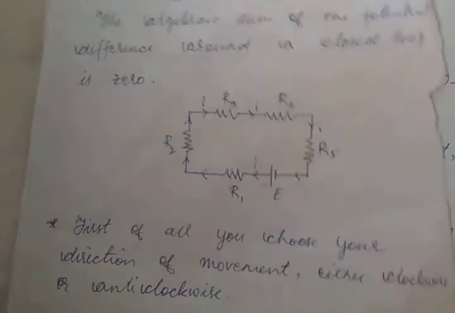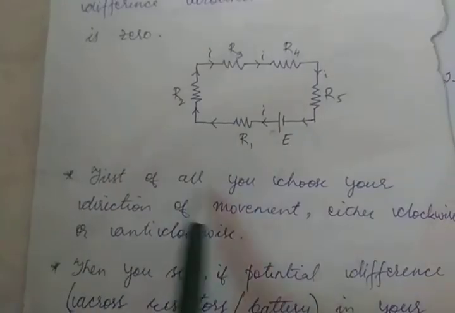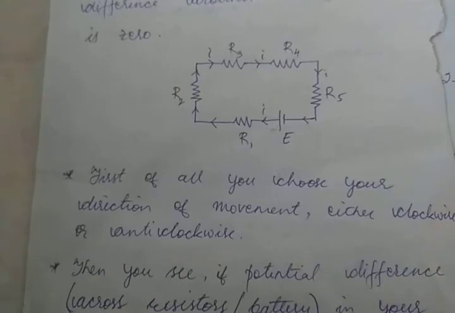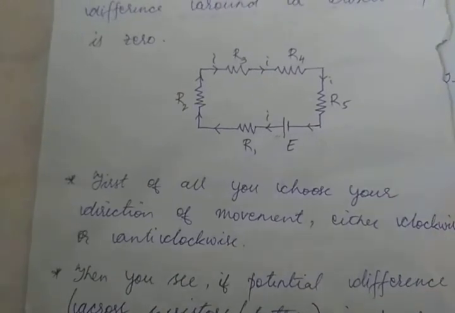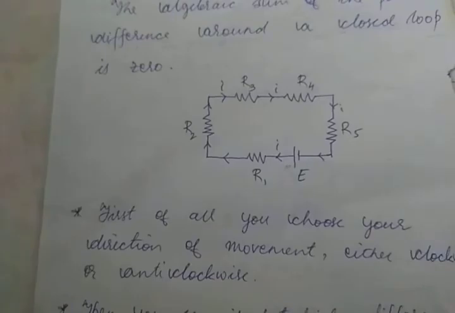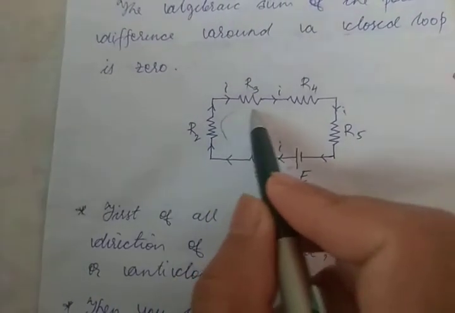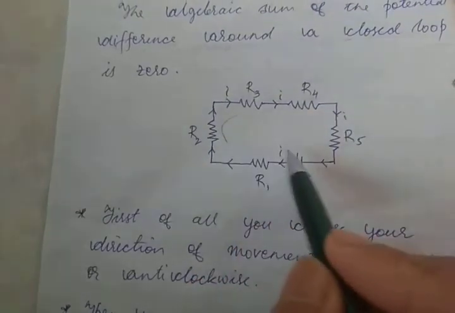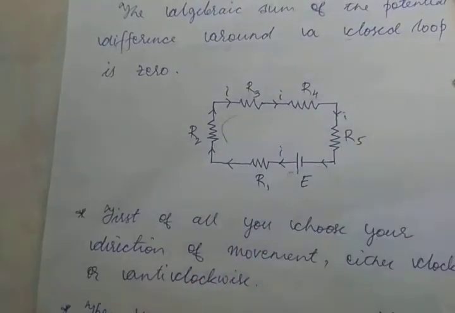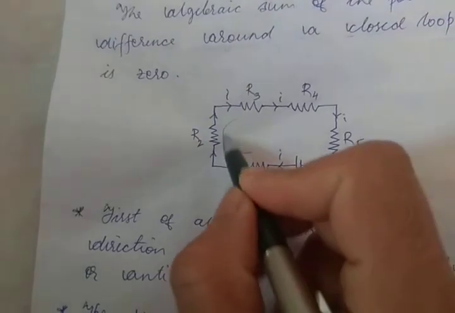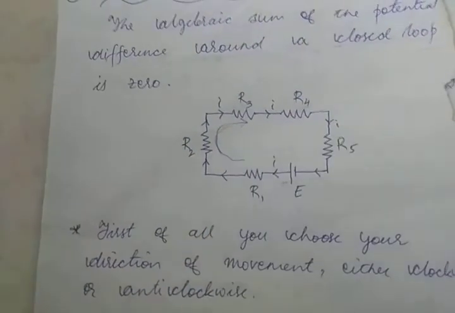Okay, now to do that, first of all what you do is, you choose your direction of movement, either clockwise or anti-clockwise. That's up to you. You can choose any of the two. Here let me take clockwise direction of motion.